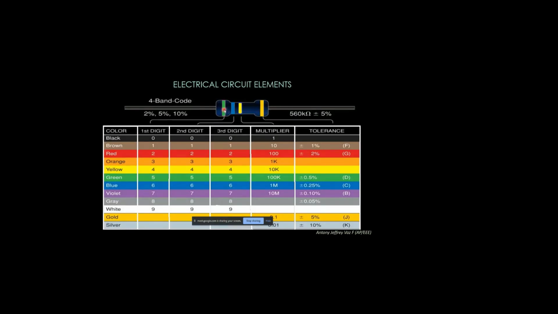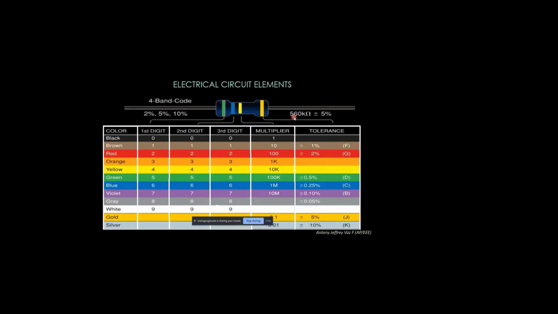Then you have to start from the first band, second band, and the third band. Here the first band is green, the first digit, which is 5. So you can write 5 over here directly. The second band is blue, which represents 6.